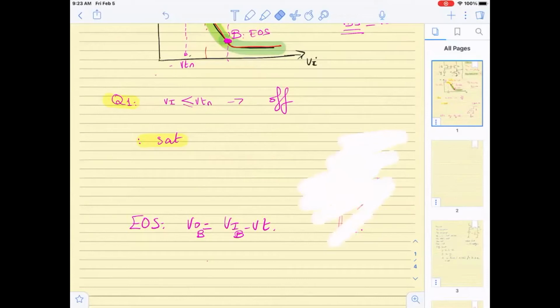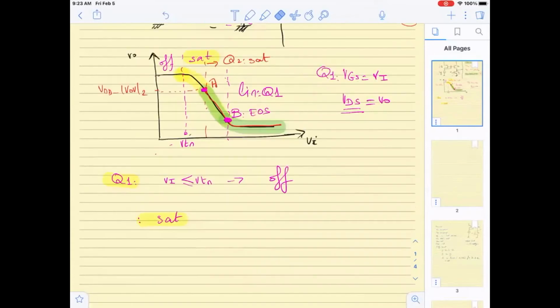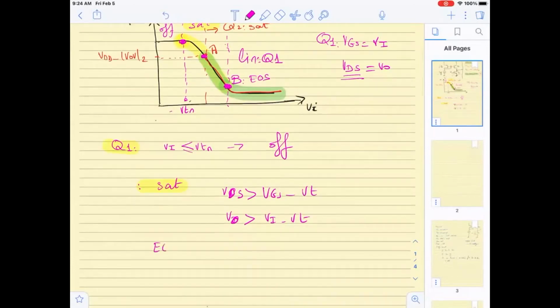So okay, up to point VTN Q1 is off, right? Q1 is going to be in saturation from the first time it turns on, as long as VDS is greater than VGS minus VT, as long as VO is greater than VN minus VT, and the edge of saturation is going to be the point B where VOB is equal to VIB minus VT.